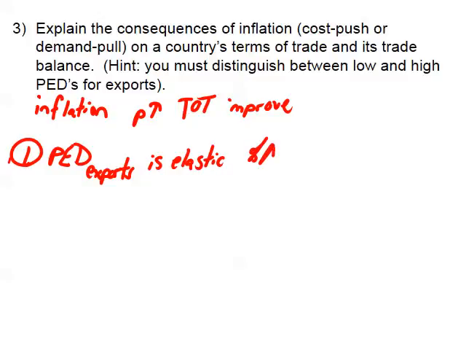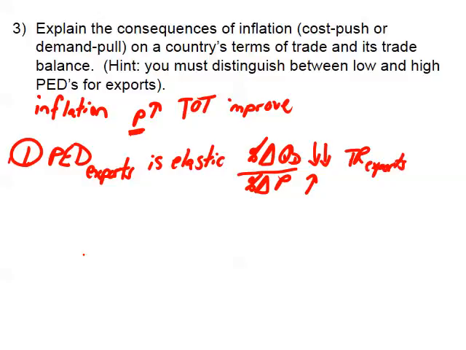So percentage change in quantity demanded for exports over percentage change in price, and we said that the price increased. So if price increased, we know that quantity demanded will decrease, and if demand is elastic, then the numerator will be greater than the denominator, so the loss in quantity demanded is proportionately greater than the increase in price. So we know that total revenue from exports is down, and so the current account worsens.